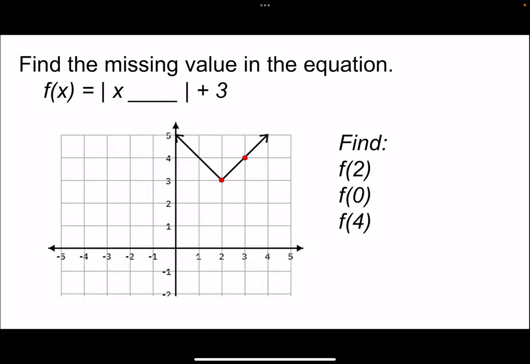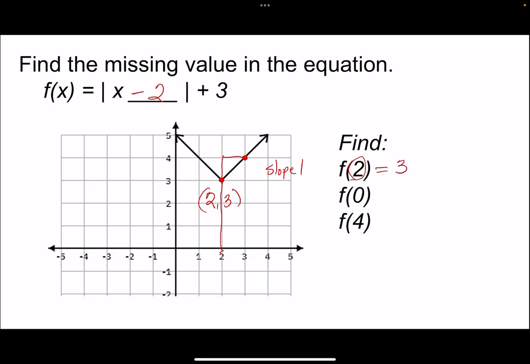Our vertex is at 2, 3, and our slope, up 1 over 1, is 1. So the equation is x minus 2, because it's the opposite direction, plus 3. Now, when we have to find f of 2, all we have to really do is look on the graph. So when x is 2, y is 3.